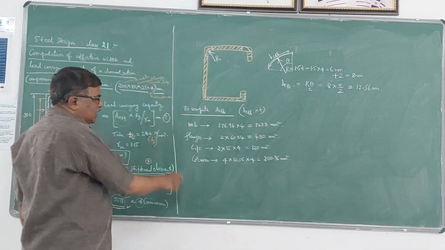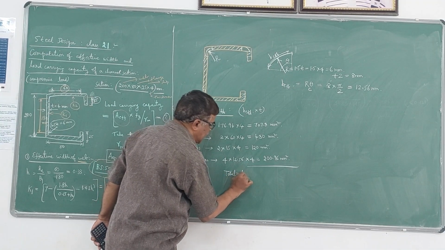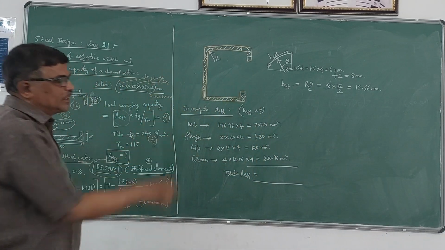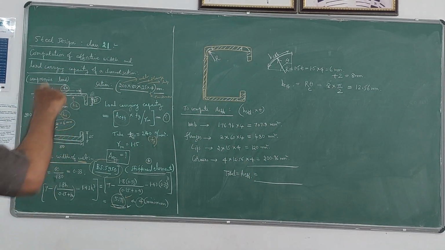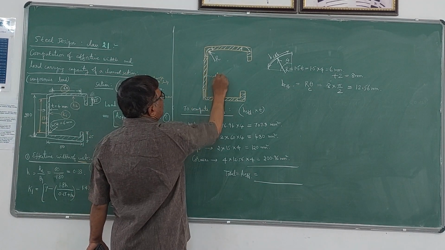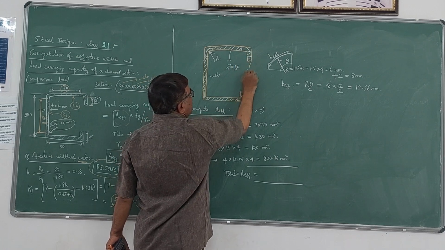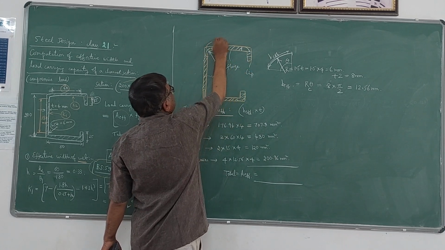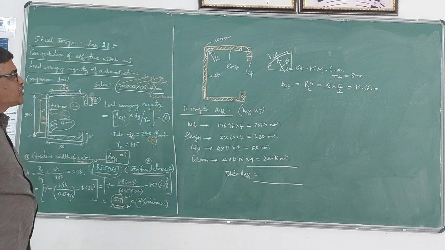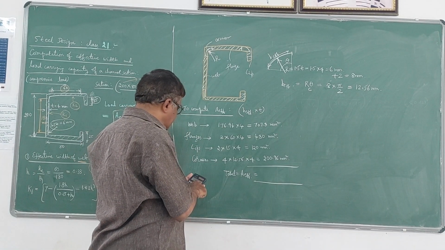Now, if you add all this, the total gives your A effective. This step is very important. You have to consider the section made up of different portions: one for the web, 2 flanges, 2 lips, and 4 corners. If you add all this, that gives the total.